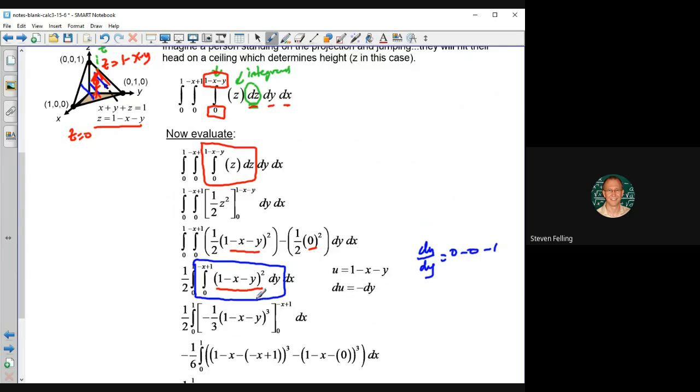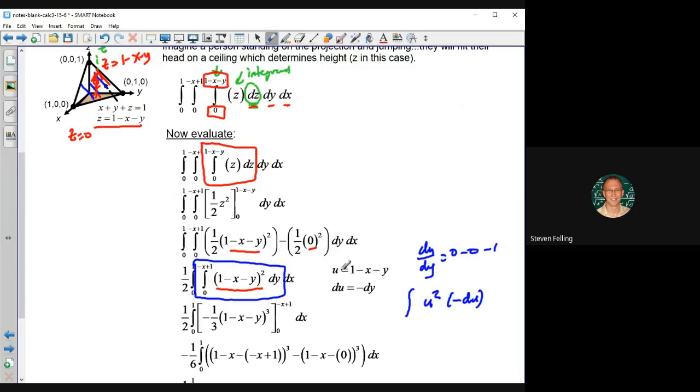So we could substitute this in, and we would now have the integral of, well, actually, let me write it out here. We would have u squared, and the dy would become negative du. And then we have to change the limits of integration. So this was 0. So now u would be 1 minus x minus 0 for y, because we're plugging negative x plus 1 in for y here.